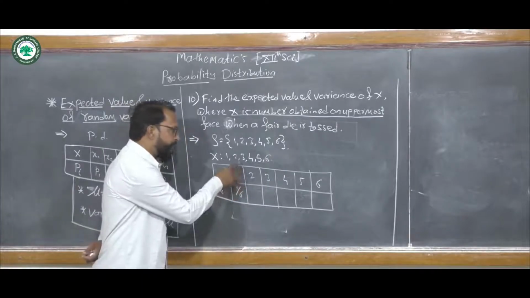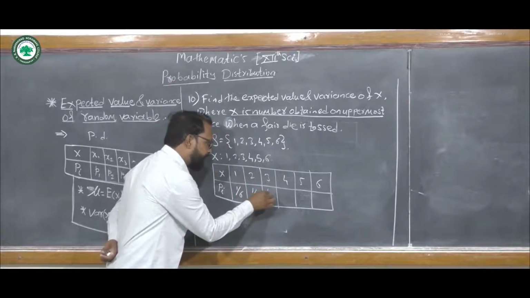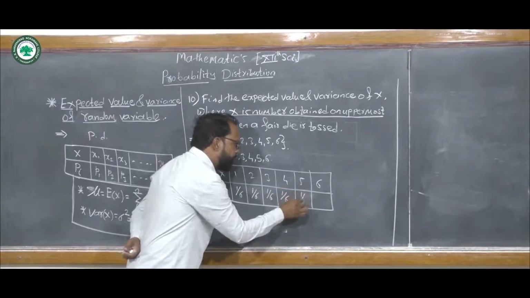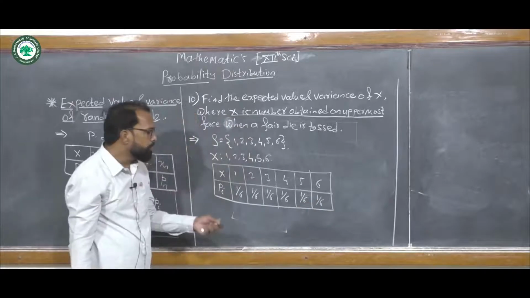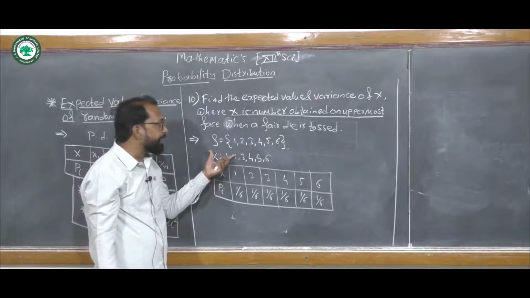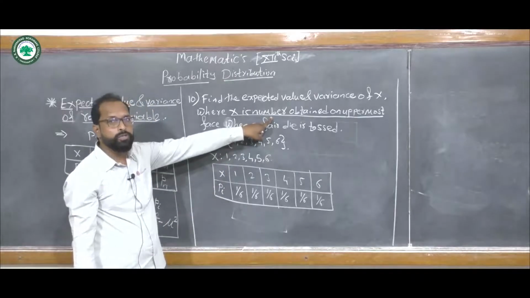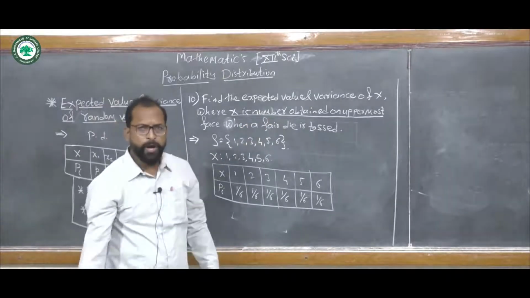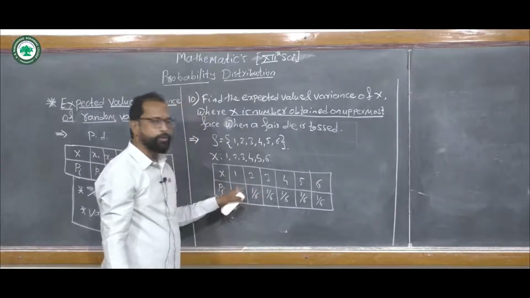Similarly, the probability that x gets the value 2 is 1 upon 6, for 3 it is 1 by 6, for 4 1 by 6, for 5 1 by 6, and for 6 it is 1 by 6. This is the probability distribution for the random variable x, where x is the number obtained on the uppermost face of a die. Now we have to find the expected value and variance for this probability distribution.